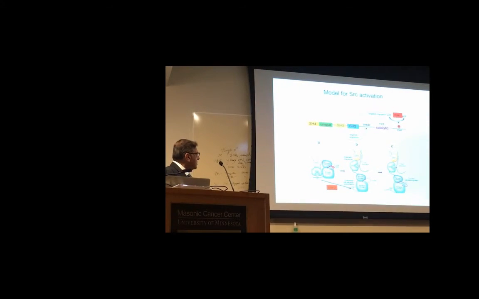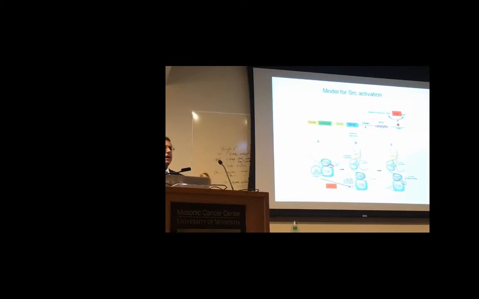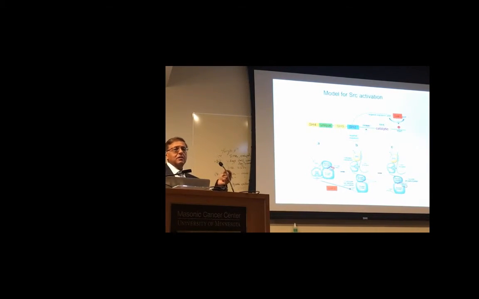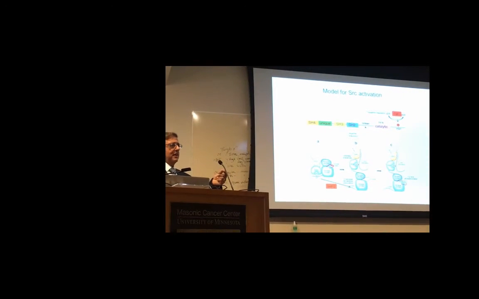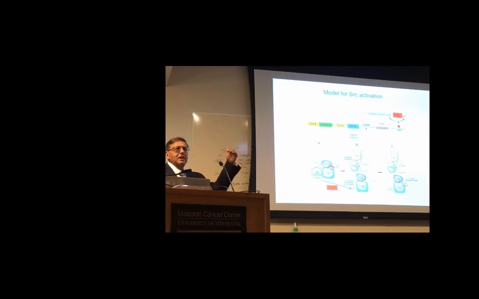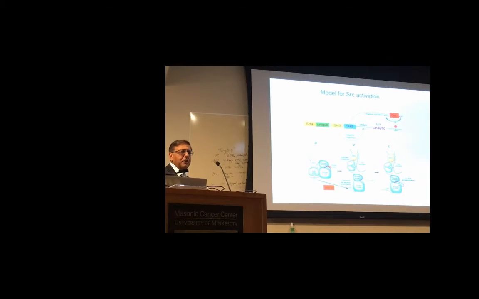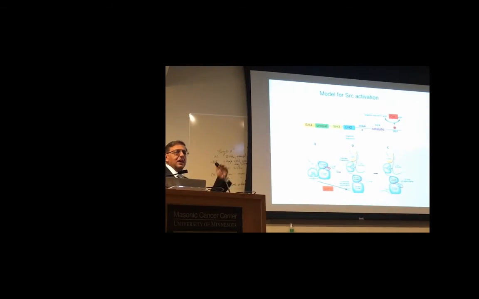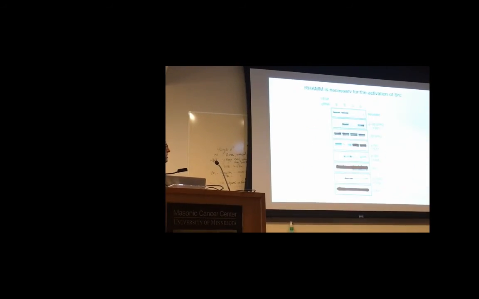When you get SHP2, which is a phosphatase, it dephosphorylates 527. Src opens up, and then there's autophosphorylation of another tyrosine residue, 416. So Src activation is a decrease in 527 and increase in 416 phosphorylation.